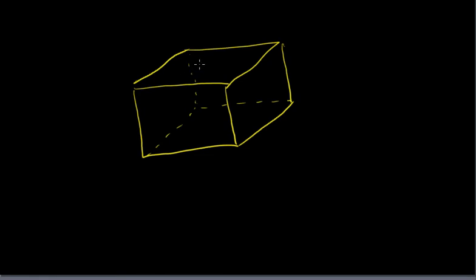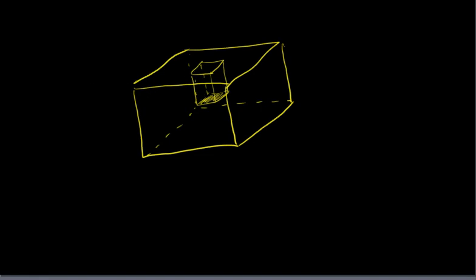Now out of this box, I'm going to cut a little hole. It's going to go down not all the way through. So this is a face there, but the rest is a hole.